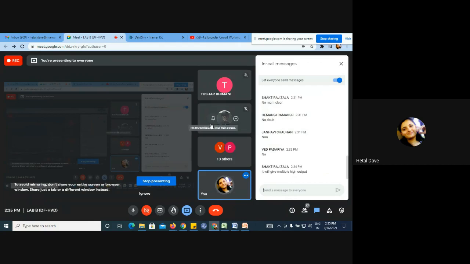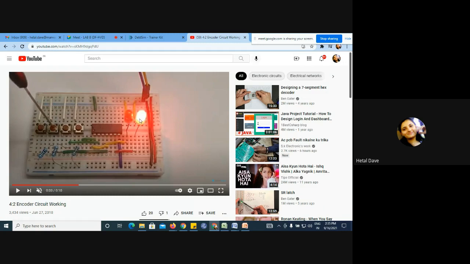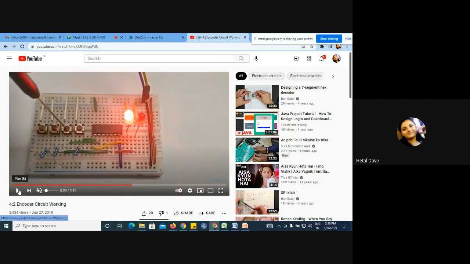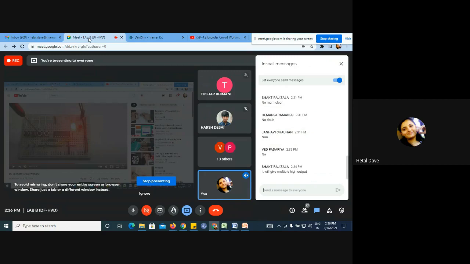Can anyone tell me? Whenever the zeroth switch was pressed, none of the LEDs were on. Then he pressed the first switch. Then the output code is 01. Let's say this is LED 0 and this second is LED 1. Now he is going to press the next switch. What is the output?